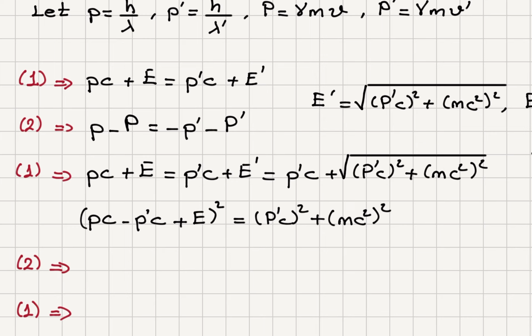So this gives me capital P prime is equal to minus p prime plus p minus capital P. So p plus p prime minus capital P is equal to minus capital P prime.